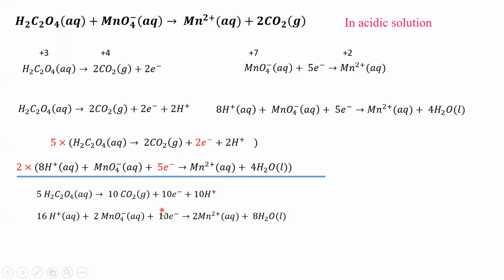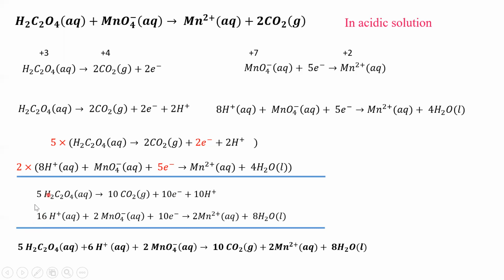That's going to cancel out. We have 16 hydrogens being gained here and 10 hydrogens being lost here. We want to write a net number in our overall equation. So 10 out of the 16 here would disappear, and we'd be left with a net of 6.